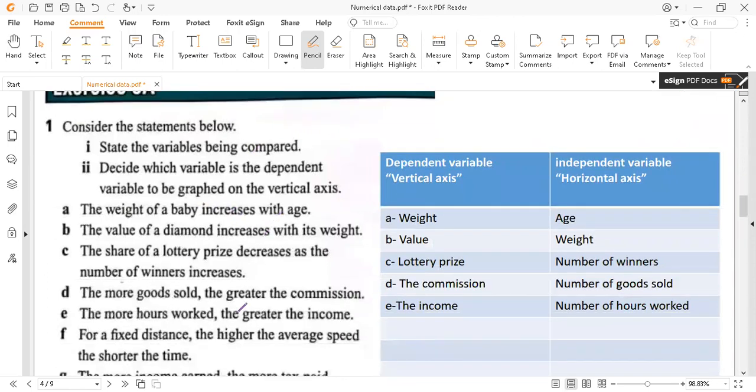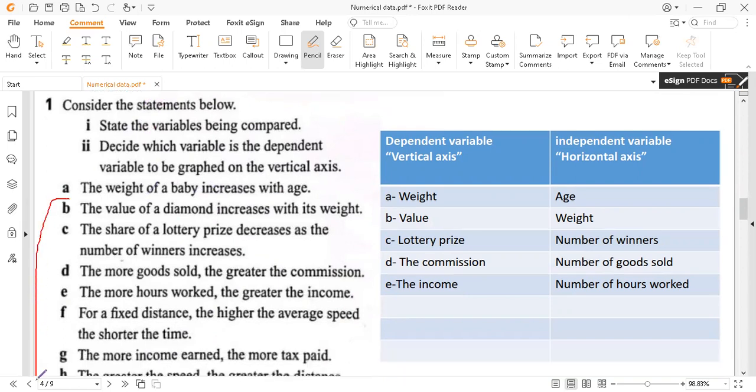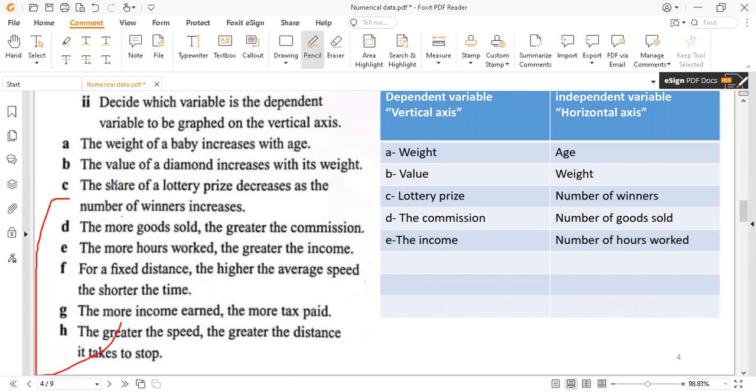Moving to the following exercises, they ask us the same question about different situations. For example, the share of lottery prize decreases as the number of winners increases. When the number of winners increases, the lottery prize decreases for each of them. So we have two different variables here, the number of winners and the lottery prize.